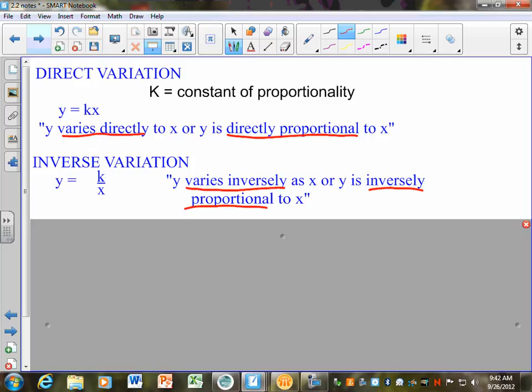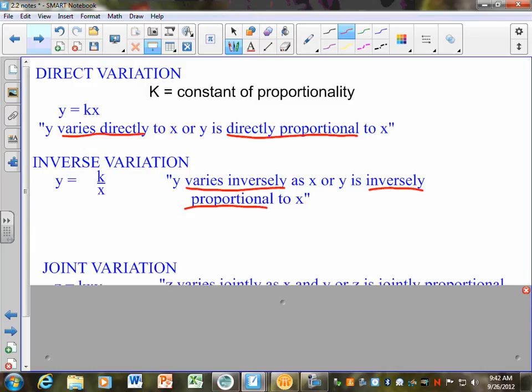And in Algebra 2, we were very straightforward, like pretty much all your homework just used letters like x, y, and z. We're going to go the next level in pre-calculus, and we're going to throw in more application problems. And there's one more type of variation that shows up sometimes, and that's joint variation. And joint variation is just where there's more letters involved.